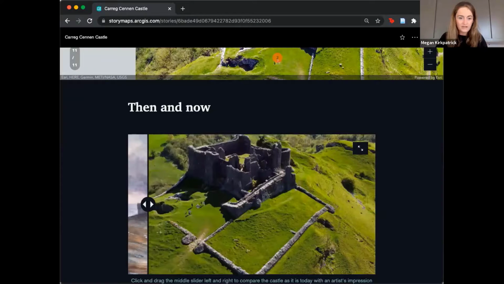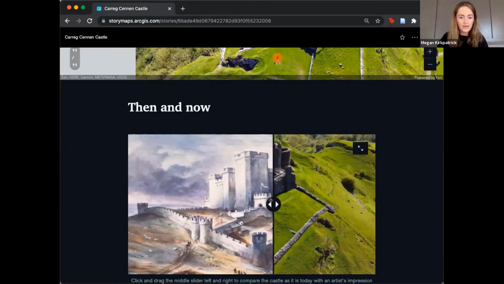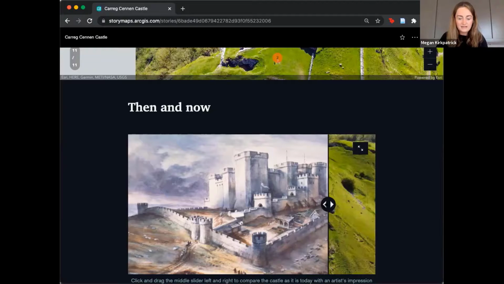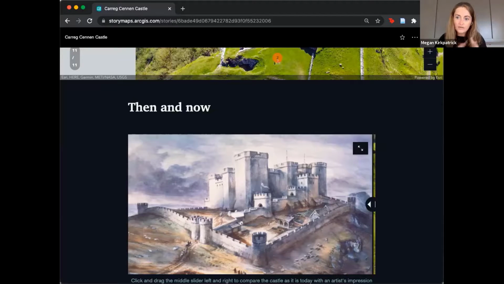So yeah, you can overlay the two things, and it allows people to quite quickly and easily see change over time. And that's especially useful if you're using maps, because obviously you can see how a landscape or a city or a town has changed over time. And it's also obviously very interactive, which is great for any sort of outreach purpose.